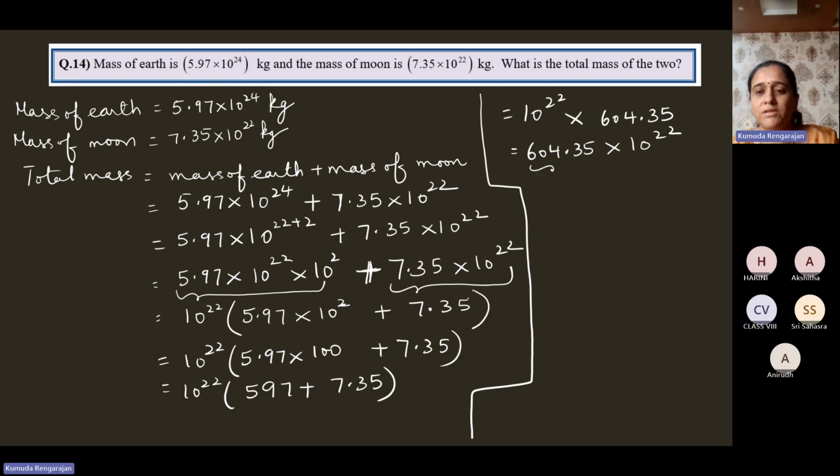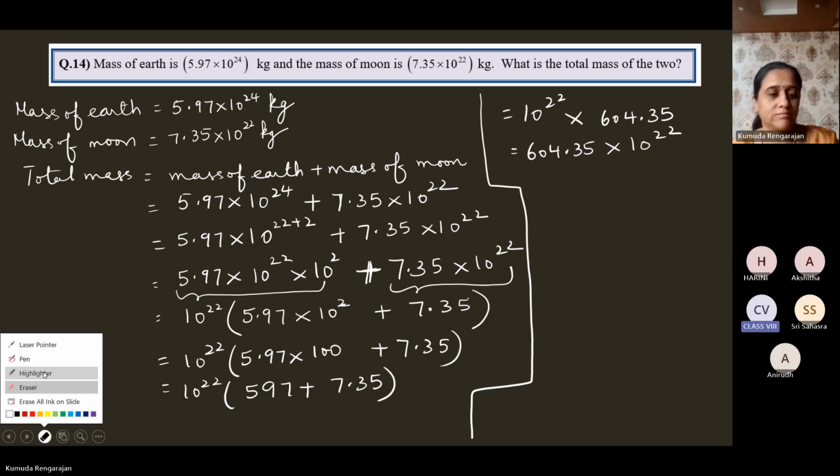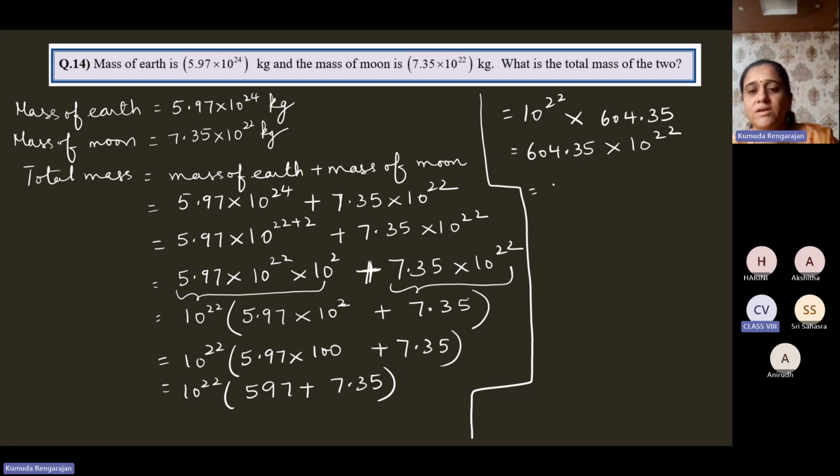Is this number in the standard form? No, ma'am. Then we have 6.0435 into 10 to the power 2.